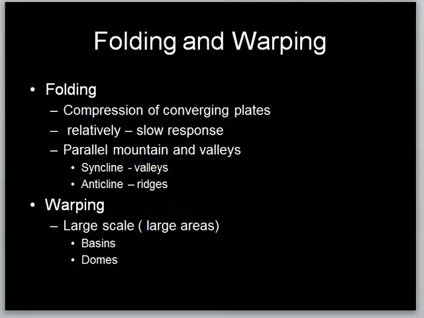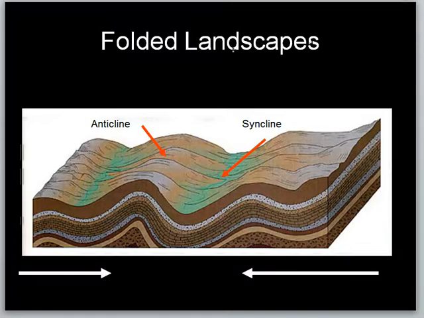On a larger, continental scale, you would have large domes or basins. But at just a small mountain ridge scale, as these two plates converge together, the landform thickens in between. It pushes some of the land up and drops some of the land down.